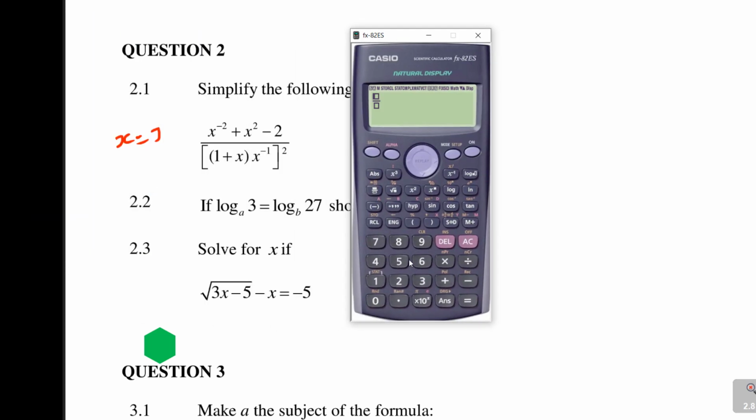So fraction, you've got 7 to the power negative 2, alright, and then plus 7 squared minus 2, and then at the bottom put a bracket and then another bracket, which is 1 plus 7 to the power negative 1.